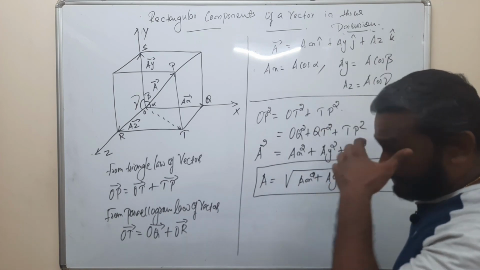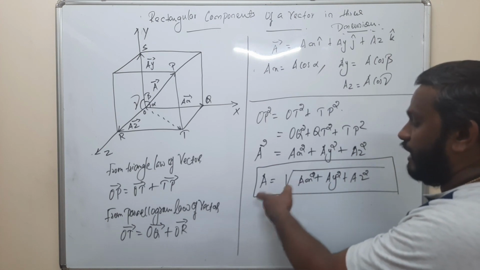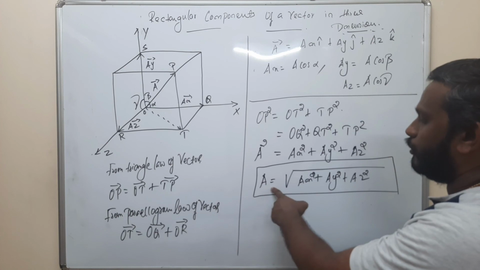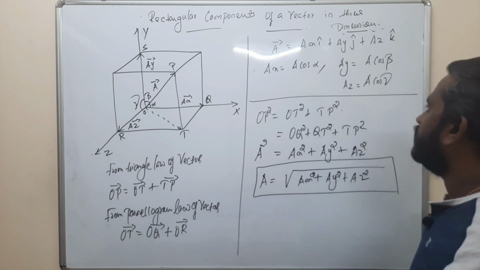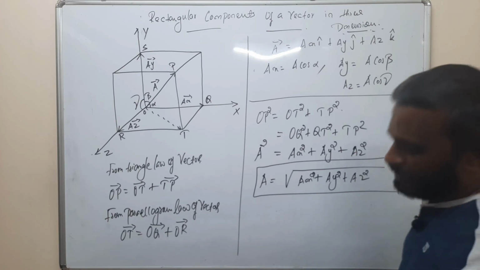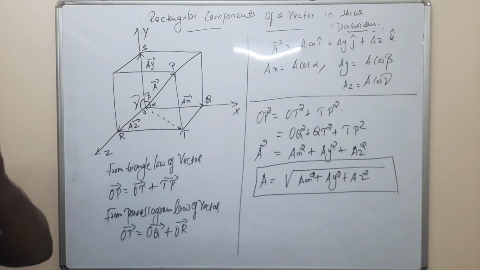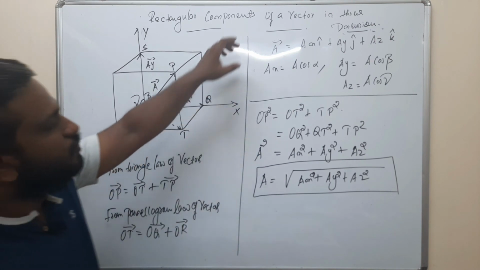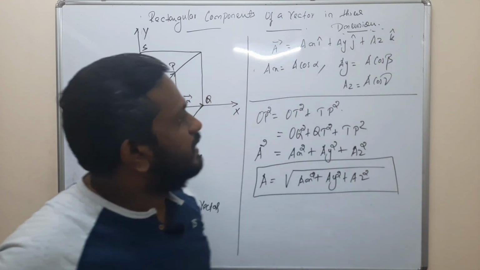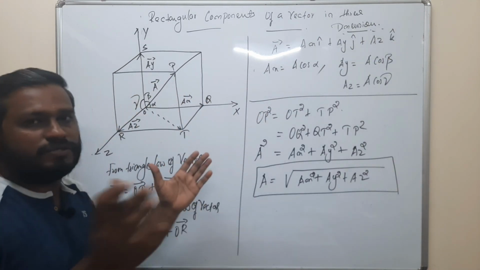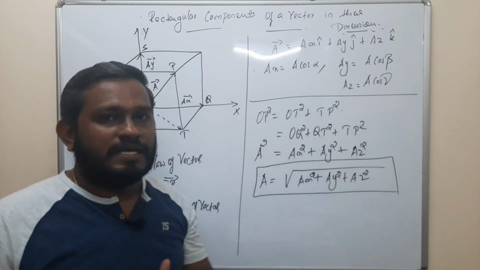So for a vector in 3 dimension, how can we find the magnitude? A is equal to square root of AX square plus AY square plus AZ square. A vector can be resolved into 3 components, that is along the X axis, Y axis and Z axis.